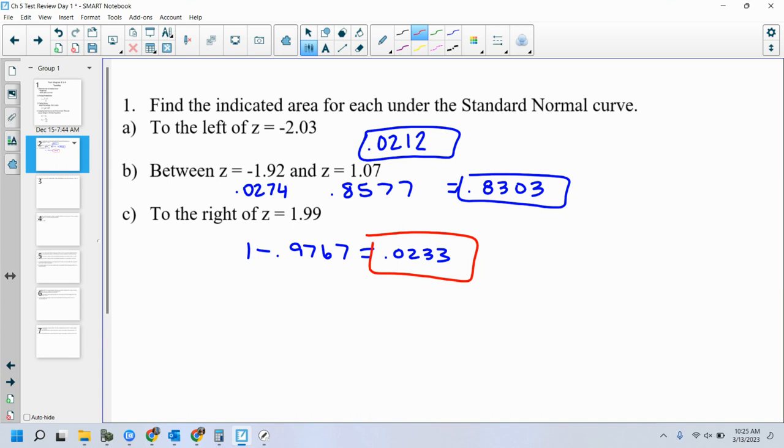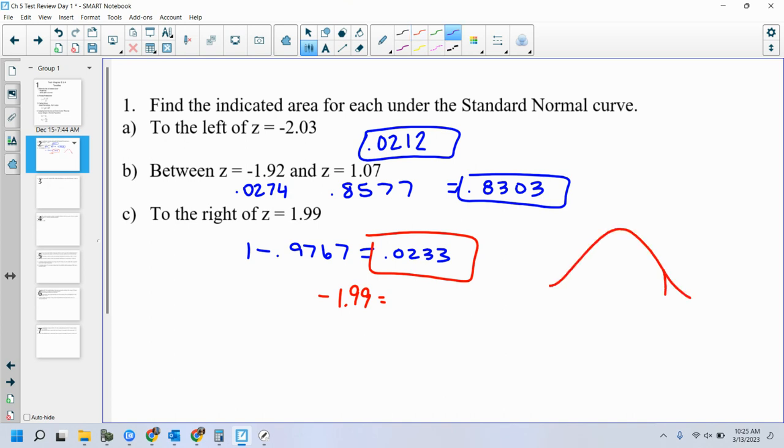It's negative 1.99. Whoa. So another way that you could compute to the right of is just taking the negative z. Understand that, because think about it reflecting equally on the other side of the normal curve.